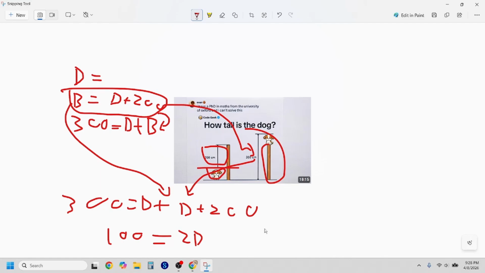We can divide both sides by 2, which gets us 50 equals one dog.